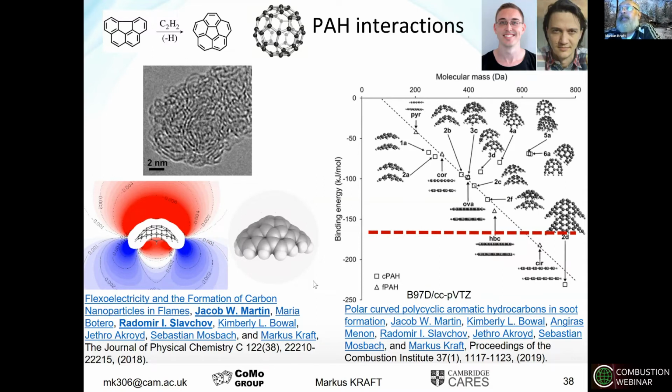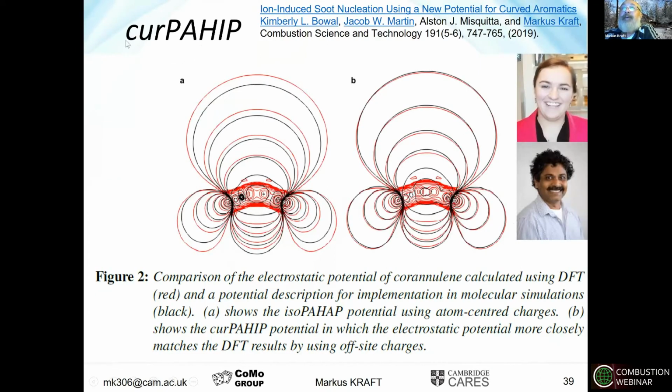We then again talked to Alston Mesquita and developed this Kerr type potential field. We thought, maybe if the clusters are not strong enough to cling together by the flexoelectric effect, then if we have an ion, this ion could stabilize clusters, which then form into soot particles.